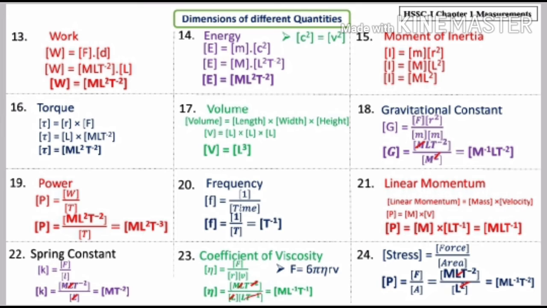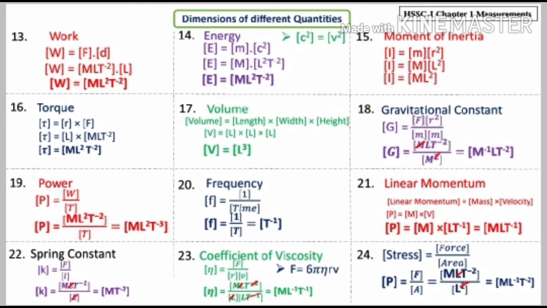So G is equal to F r square over m m. The dimension of force is equal to M L T inverse square, and at the same time the dimension of mass is M square. So by putting these values we will get M inverse L cube T inverse square.